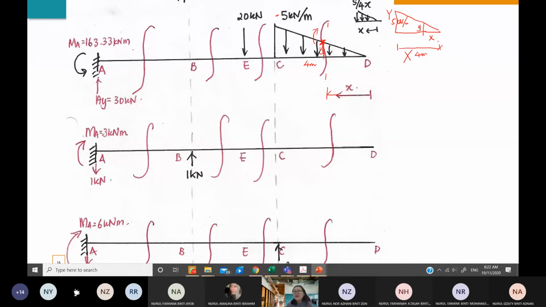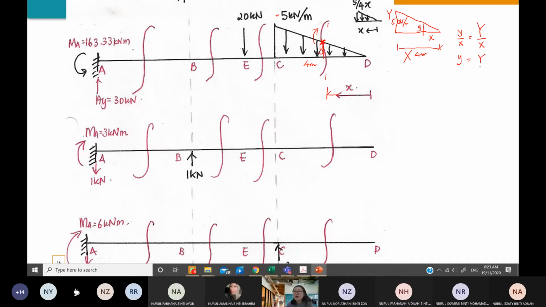Just write an easy equation to look at the relationship between the small x and the big X. Because we intend to find the y, you put y first: y over x equals big Y over big X. Now we want to know the small y, so just solve this equation.